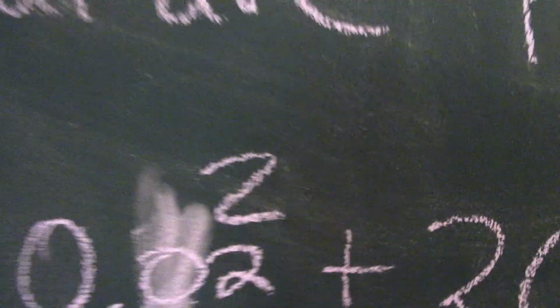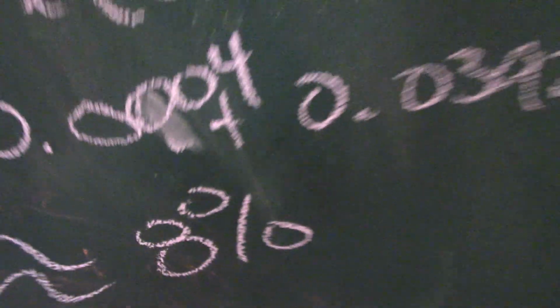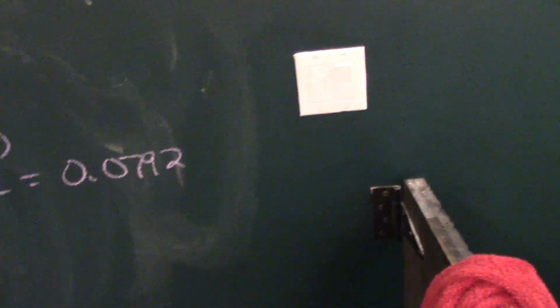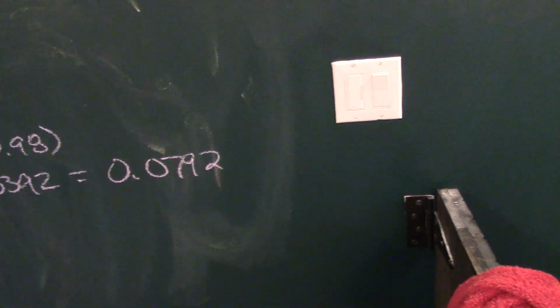This is 0.02 squared, and this is 0.0004. And that is 0.0396.